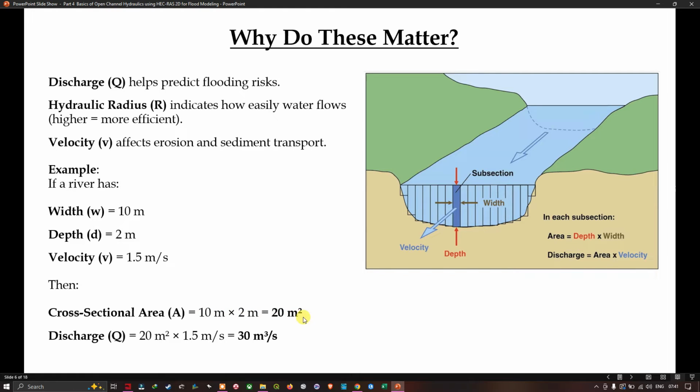To calculate the discharge of the river, we use the cross-sectional area multiplied by the velocity. So the discharge equals 20 square meters multiplied by the velocity of the river, 1.5 meters per second. It gives us a discharge of 30 cubic meters per second. So this is the discharge.